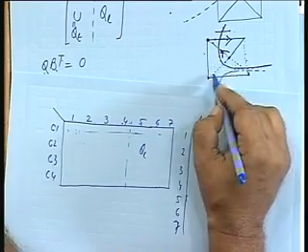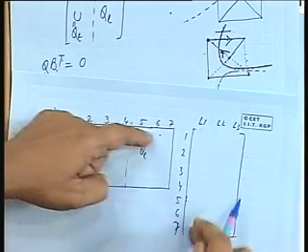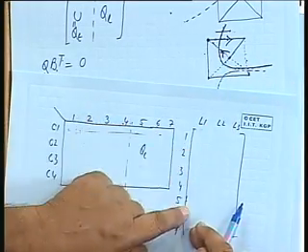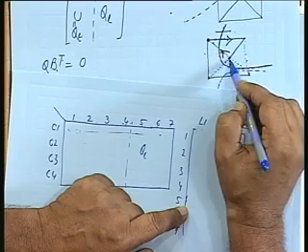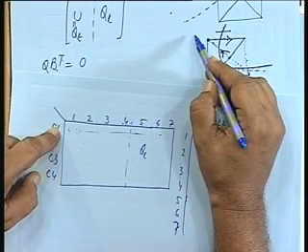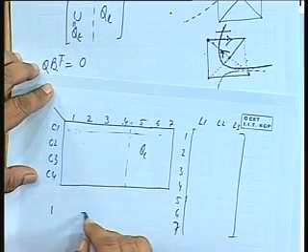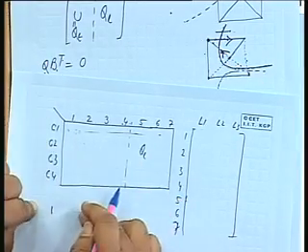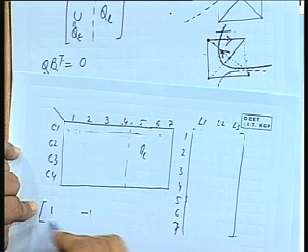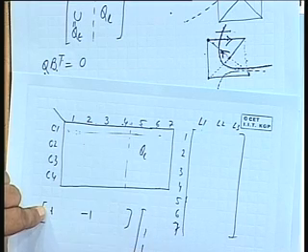These elements, whatever be the directions, do not come into picture when I talk about the products of these, okay. So in the loop, this is plus 1, this is plus 1, whereas in the cut set this is plus 1, this is minus 1, alright. So what you get, one element is plus, one is minus, so far as the cut set matrix is concerned, and on this side both are plus 1. So if I take the product sum, it becomes 0.